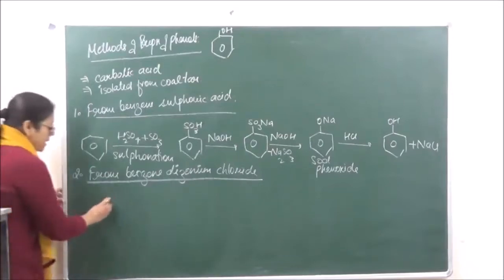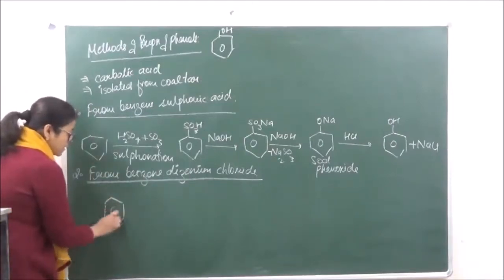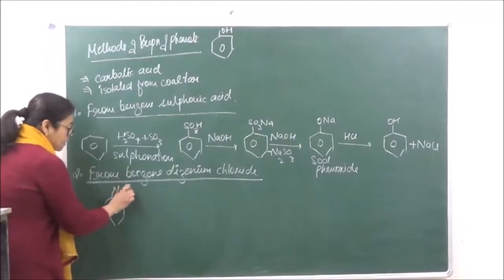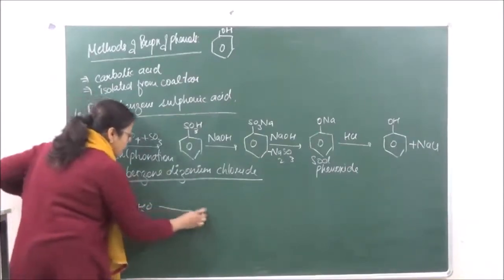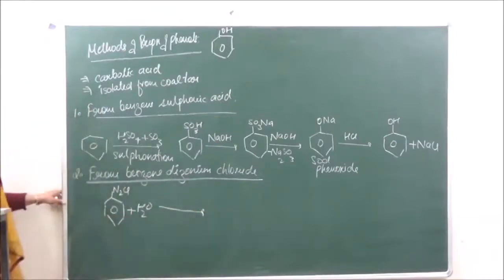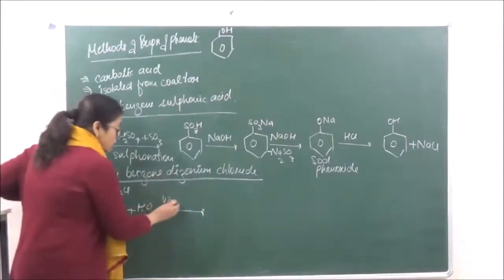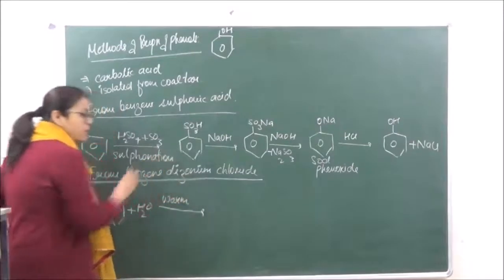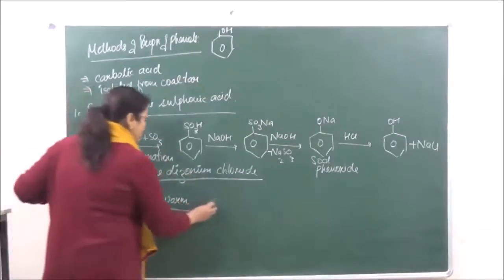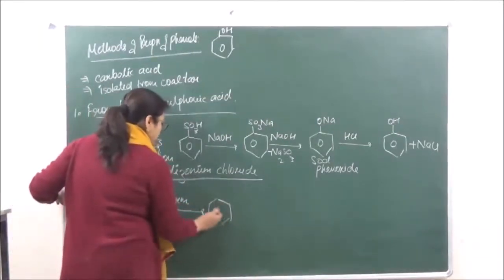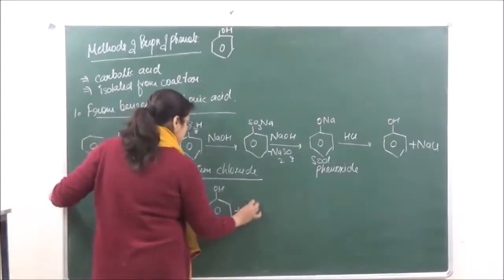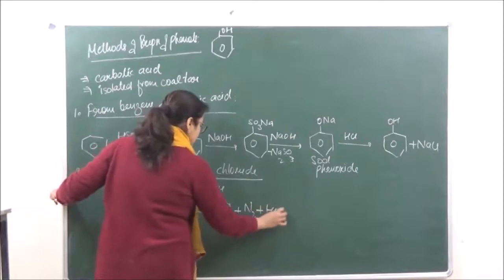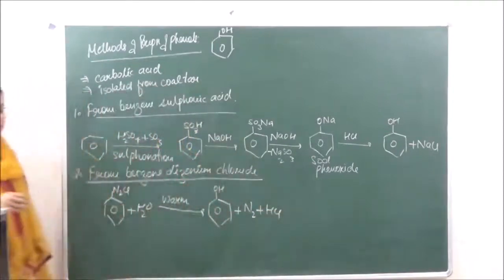Over here we are going to react benzene diazonium chloride with water, and we are going to warm the mixture such that we will get phenol plus N2 plus HCl.